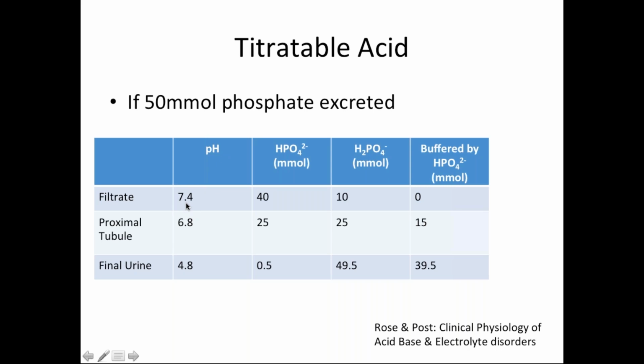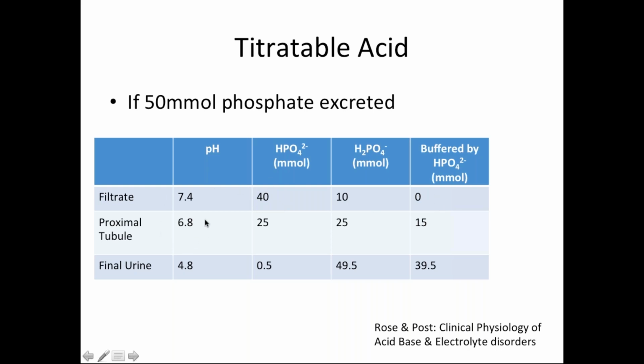And if we had 50 millimoles of phosphate that was being excreted, because the pH is 7.4, the ratio of hydrogen phosphate to dihydrogen phosphate would be 4 to 1. So 40 millimoles of the 50 millimoles of phosphate would be in hydrogen phosphate form, and there would be none of it that had been buffered.